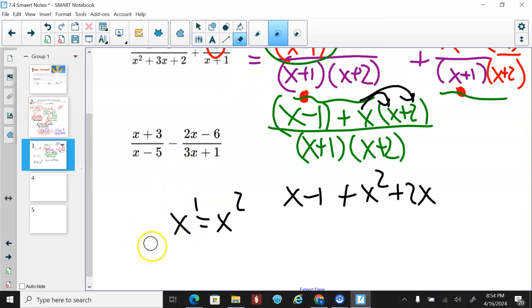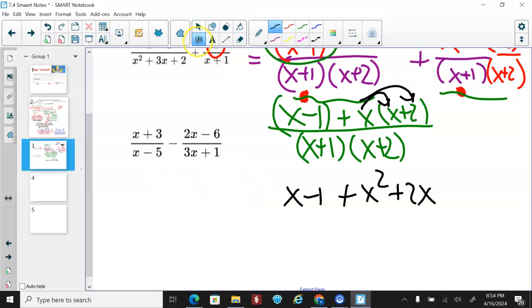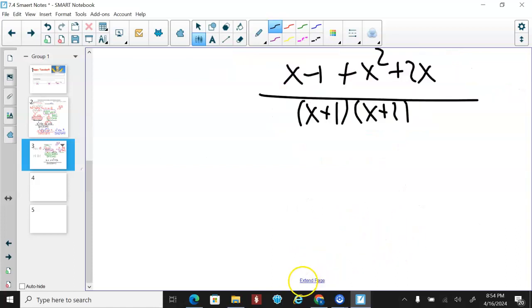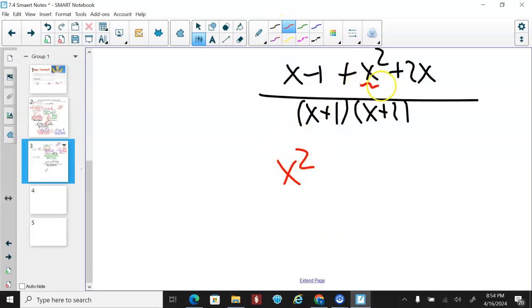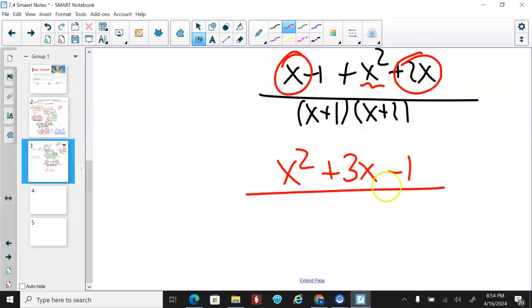Okay, I saw students making the mistakes today, okay? All right, and then on the bottom, I get, of course, x plus 1 and x plus 2. And all you have to do is combine like terms. So again, I got 1x squared, okay? I got x and 2x, which makes it a 3x, and then I have minus 1.